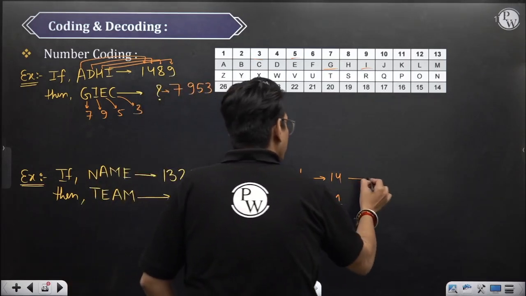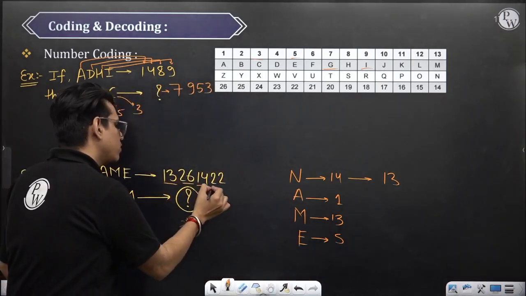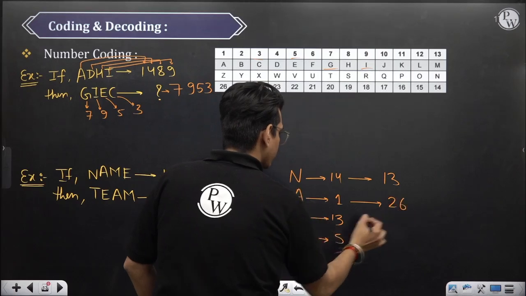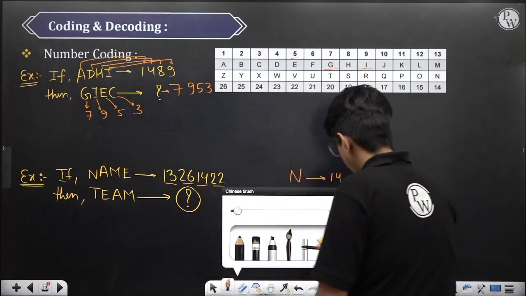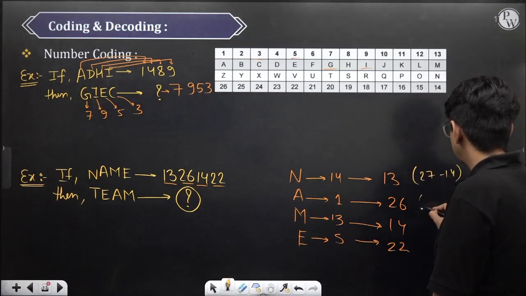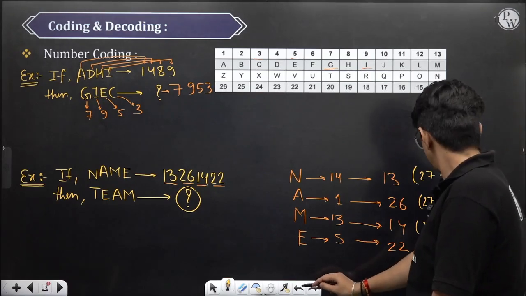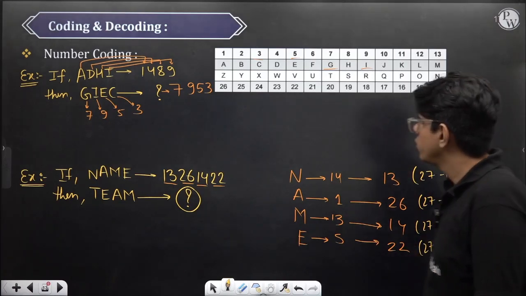Now the given values are 13, 26, 14 and 22. If you see a pattern, this is nothing but 27 minus 14, 27 minus 1, 27 minus 13 and 27 minus 5, that is 27 minus the positional value.